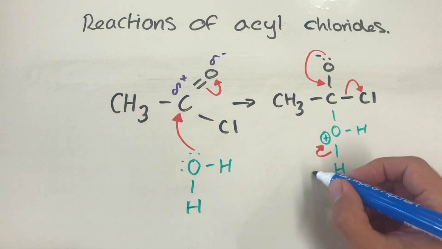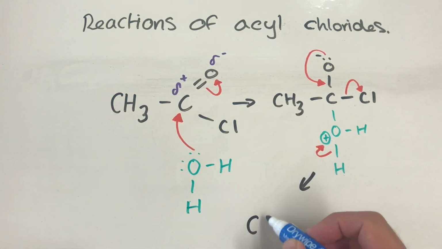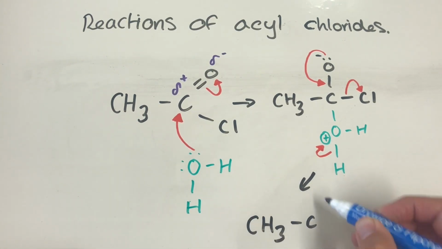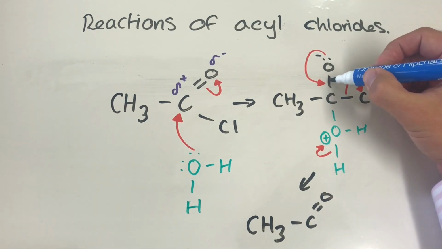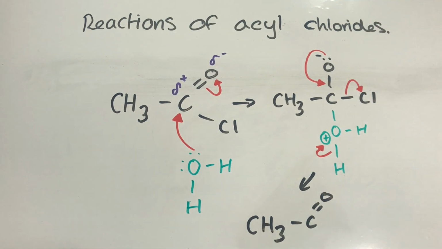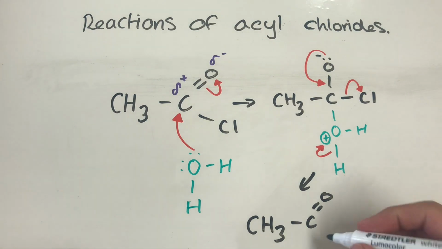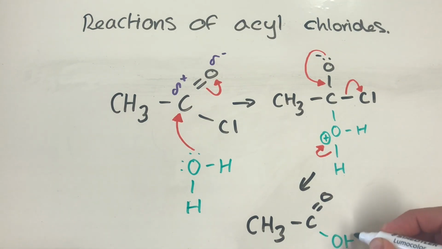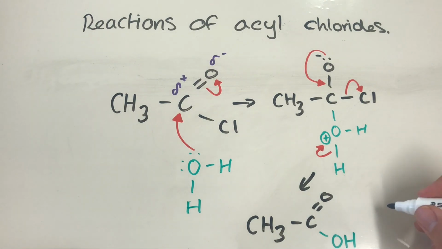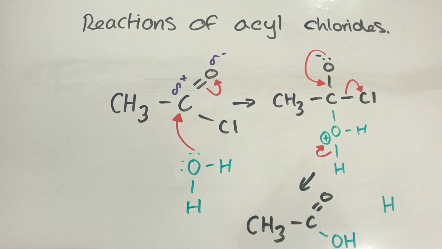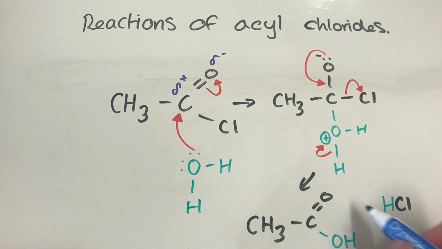So we end up with our final product, which is CH3, C, double bonded oxygen, and then we have an OH on the end of it. We've produced a carboxylic acid from the acyl chloride. The other product of this reaction is hydrogen chloride. One of the hydrogens that came off and the chlorine make hydrogen chloride as well. So these are our two products of the reaction.